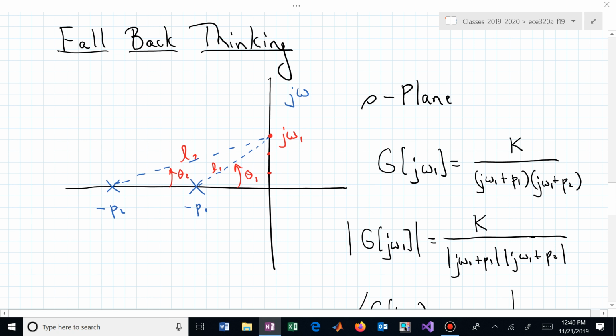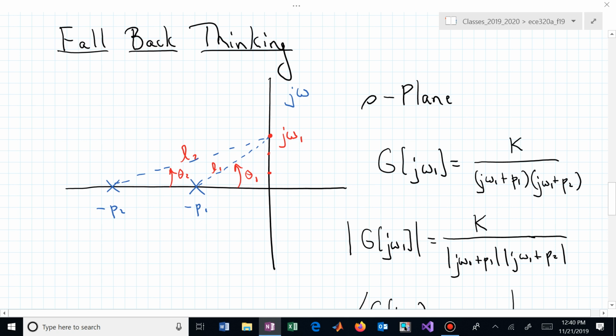But at frequency omega 1, now we see that that first pole contributes a certain distance or length, and that magnitude is down in the denominator. So we're dividing by that. The second pole contributes a little longer length for that same frequency.